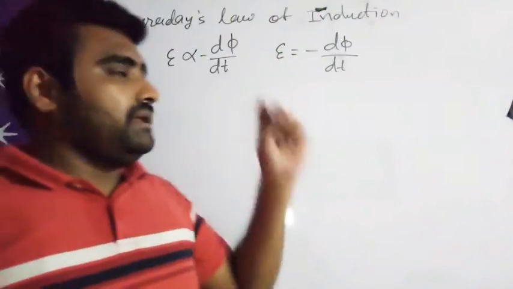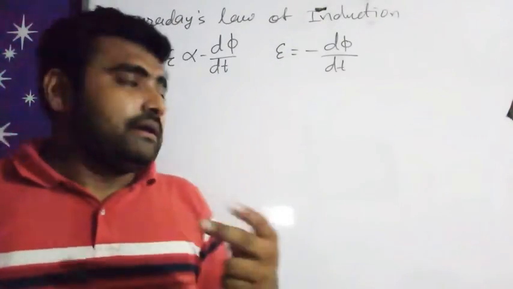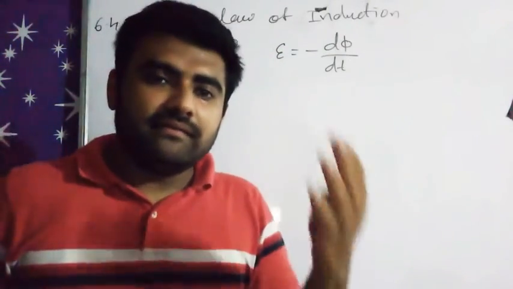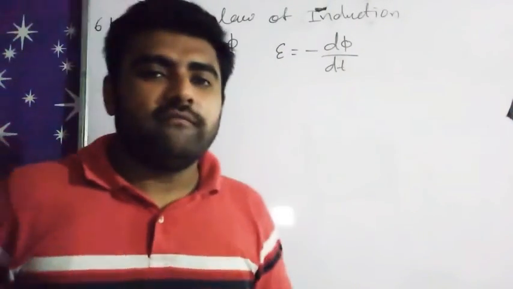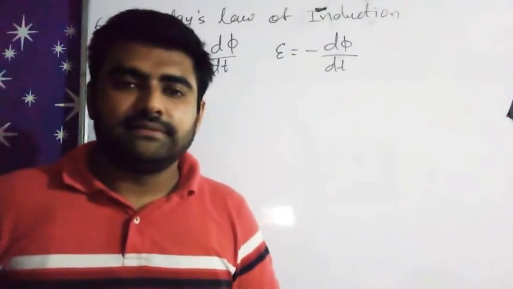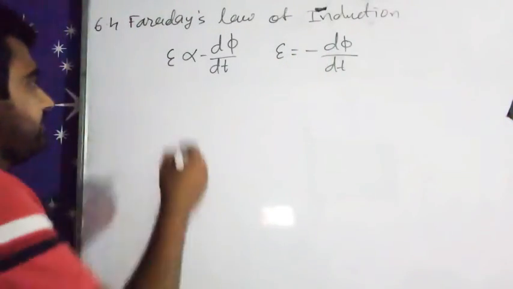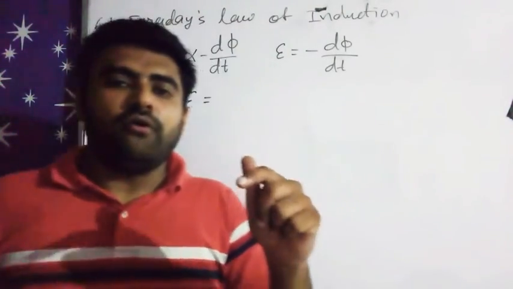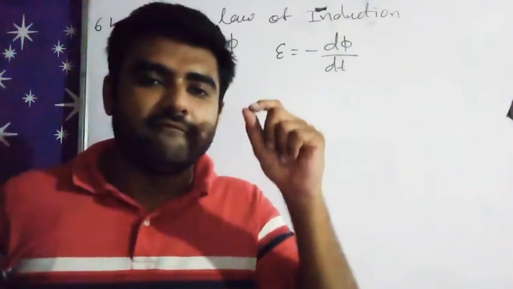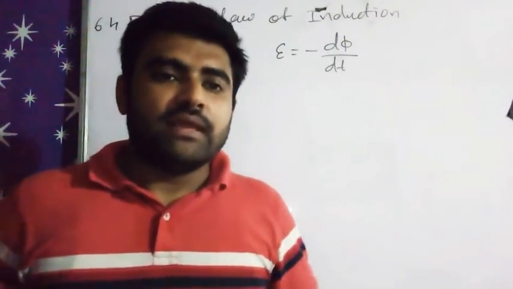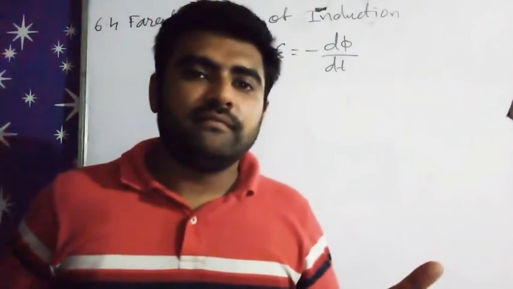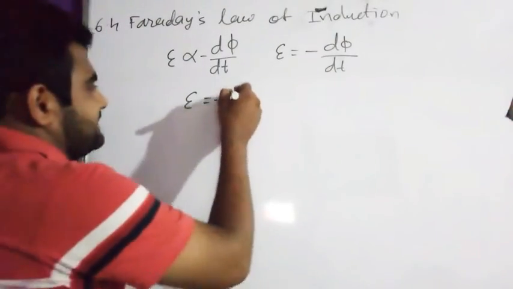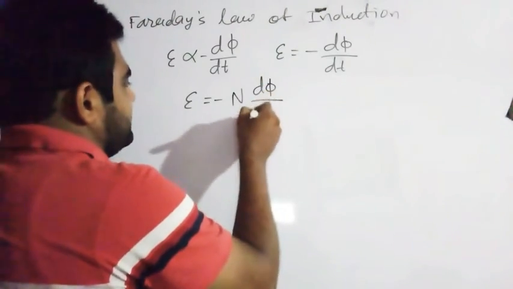Because this EMF is decreasing or increasing with the change of magnetic flux. This equation is only for one turn in the coil. If we have n number of turns, then E is equal to minus n d phi by dt.